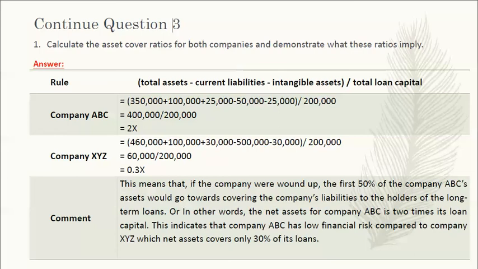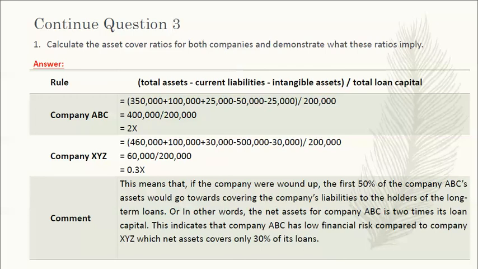So our comment: if the company were wound up, the first 50% of company ABC's assets would go towards covering the company's liability to the holders of the long-term loans, or in other words, the net assets for company ABC are 2 times its loan capital. And this also indicates that company ABC has low financial risk compared to company XYZ, whose net assets cover only 30% of its loan.